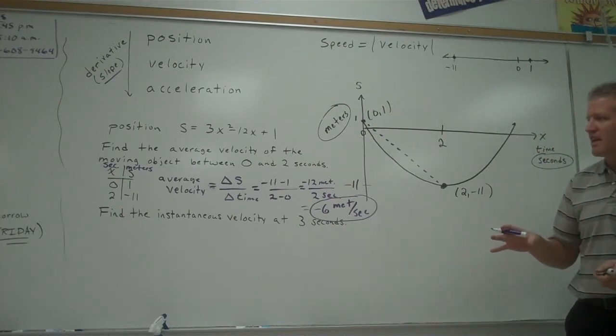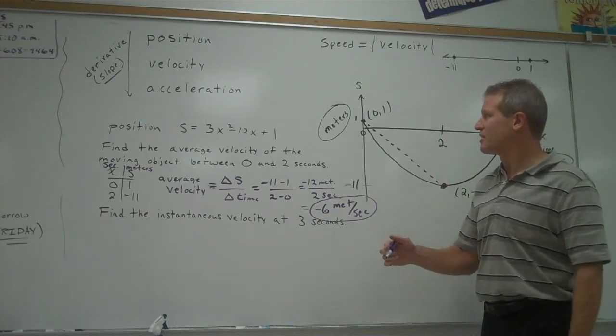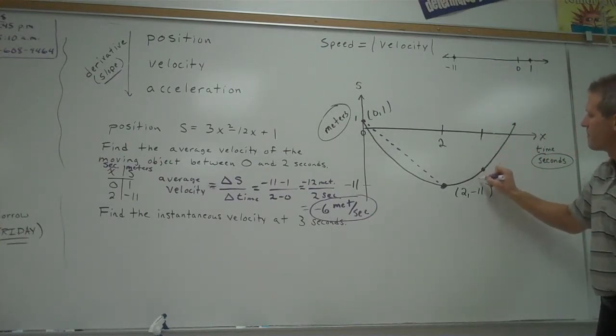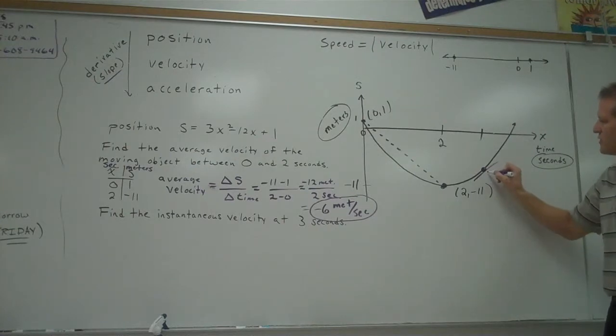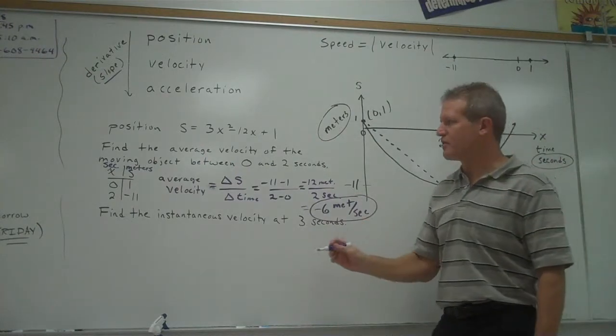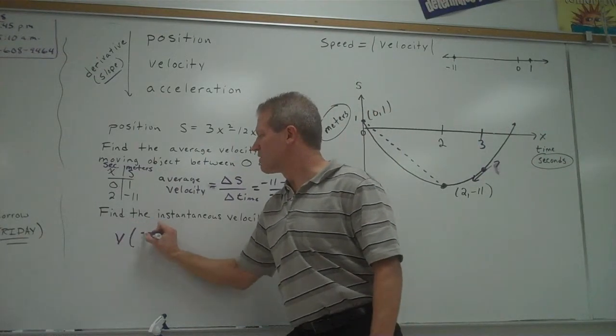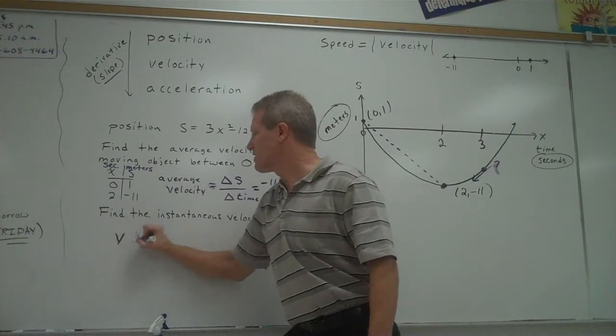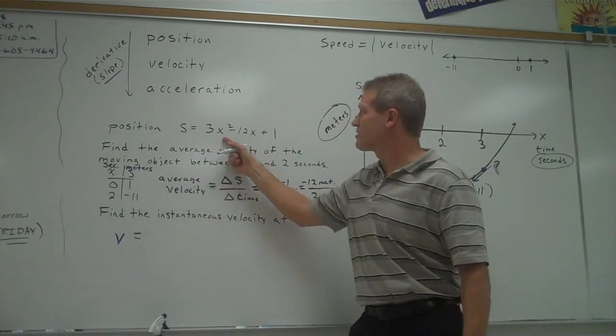Now if you want the instantaneous velocity, yeah, then you're going to want the instantaneous velocity at 3. Let's say this is 3 here. That means I've got to find the derivative or the slope of the tangent line at 3. For that, probably the easiest way to do it is do the velocity equation, which would be, let's erase that here, 6x minus 12.